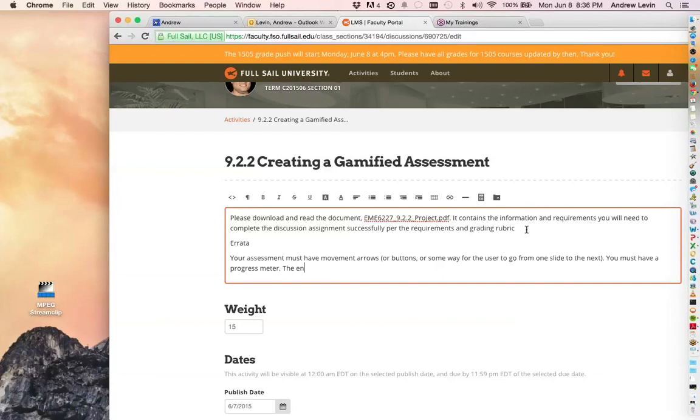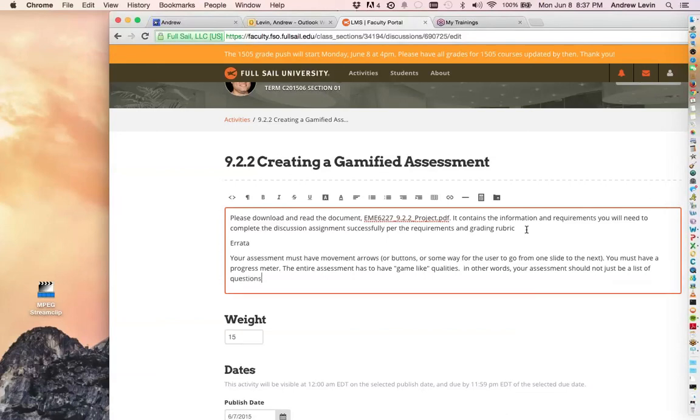The entire assessment has to have game-like qualities. In other words, your assessment should have motion. Your assessment should not just be a list of questions.